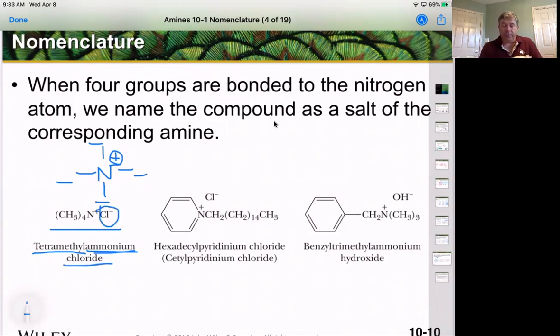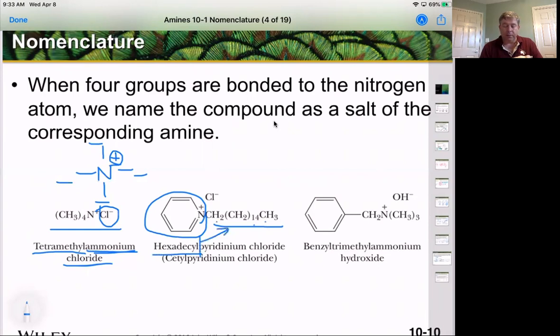So in this case here, we have an unsymmetrical one. This group right here is pyridine. And then we have this long group right here. So we have 1, 2, 3, 4, that's 14, 15, 16 carbons. So we have hexadecyl as our substituent here.